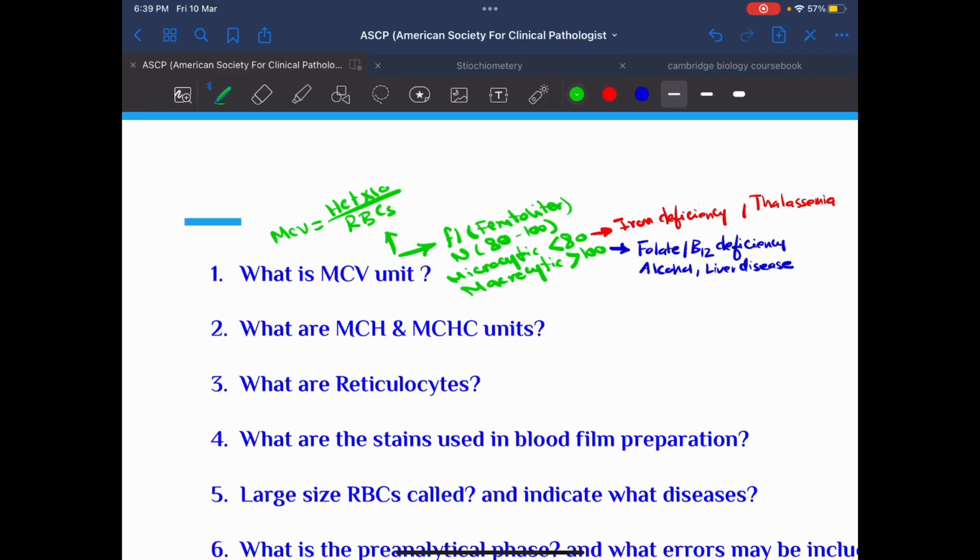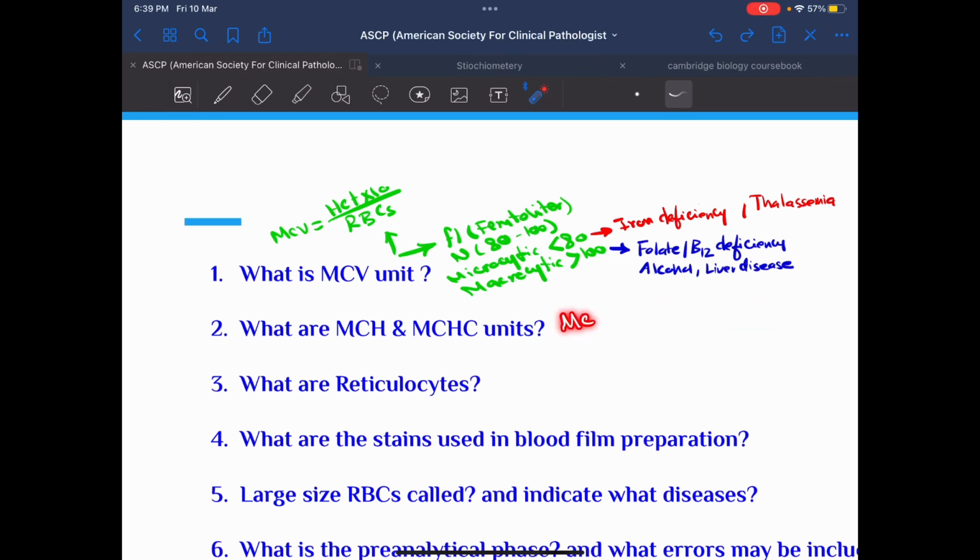Question number 2. What are MCH and MCHC units? Also, MCH and MCHC are blood indices like the MCV.